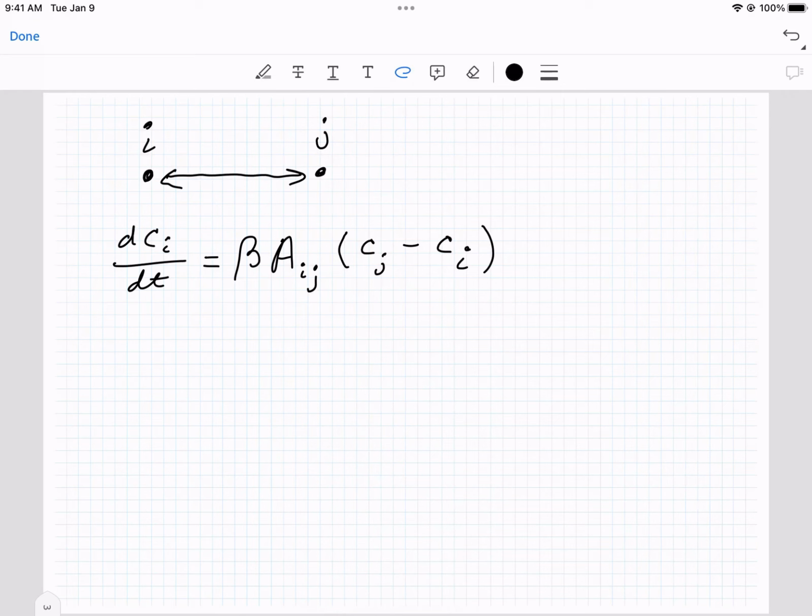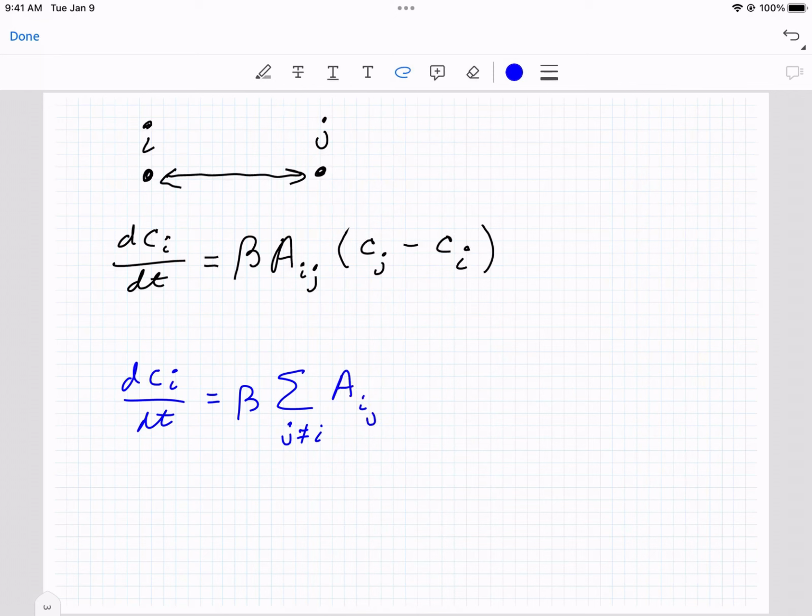All right, so that's just looking at these two nodes. Now let's embed these two nodes in an entire matrix. To do that, let's bring in a summation. We're still looking at dCi/dt, and it's still proportional to beta, but now we sum over all of the other nodes, so j not equal to i in the network.